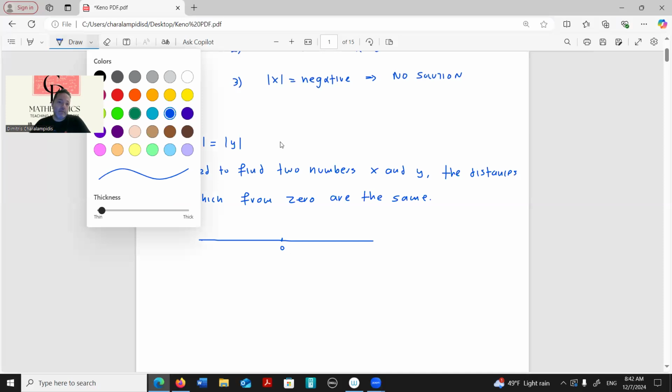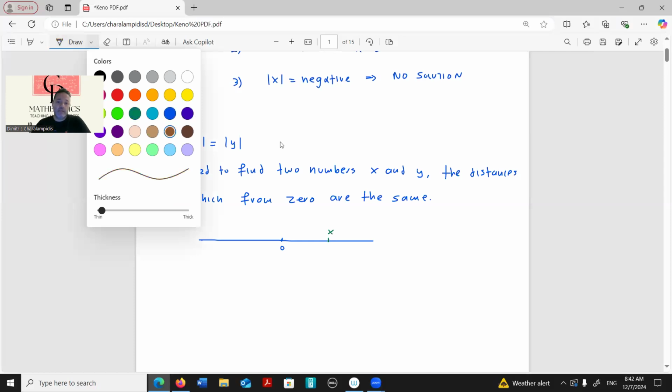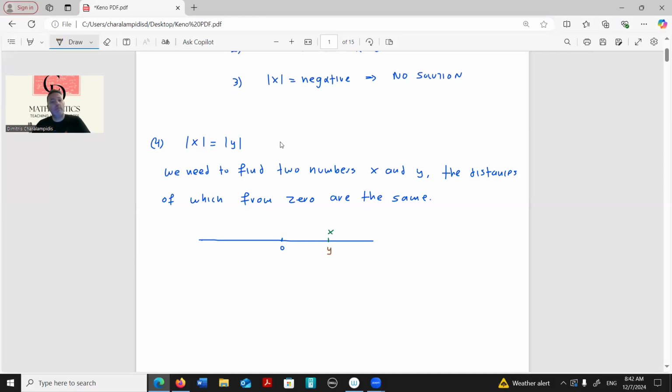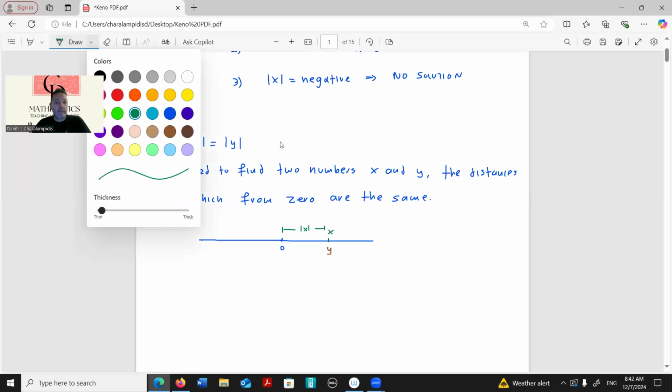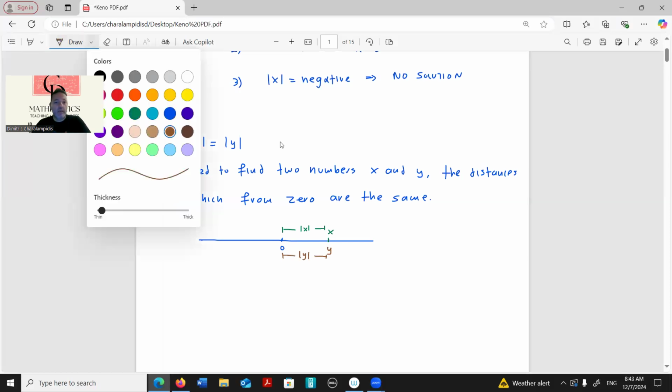Apparently, one case should be the case in which both numbers are the same, x and y. Indeed, in this case, the absolute value of x is this distance, and the absolute value of y is this distance. And since we refer to the same distance, it makes sense. These two absolute values are equal.